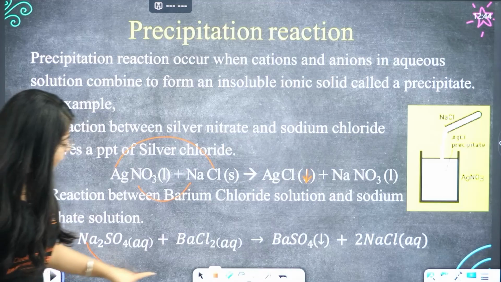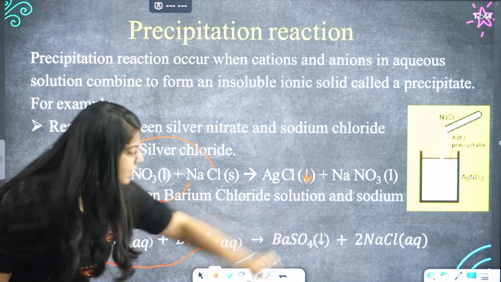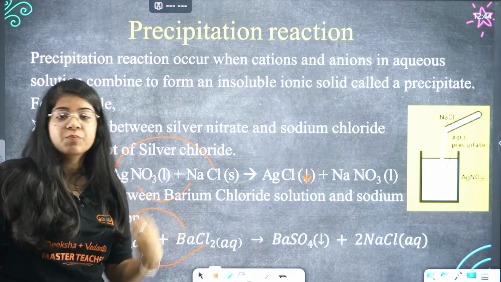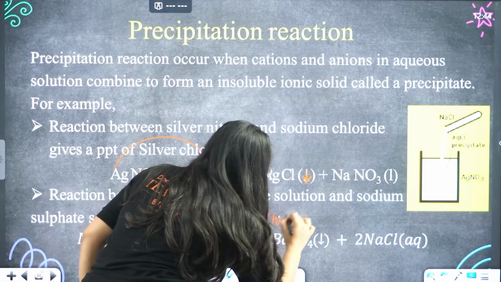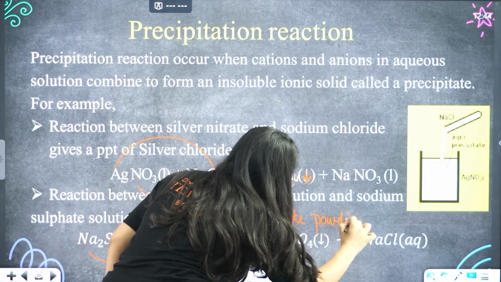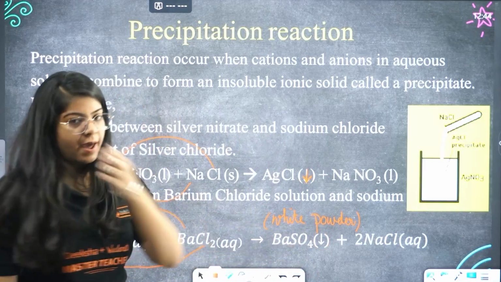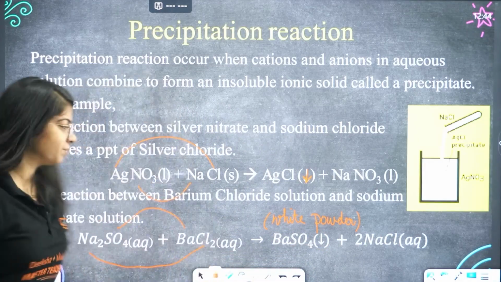Here Na2 went with Cl, it became NaCl, and SO4 went with Ba, it became BaSO4, which is a white powder. And how do I know it settles down? Because I have to put a downward arrow sign. Understood? Very easy.